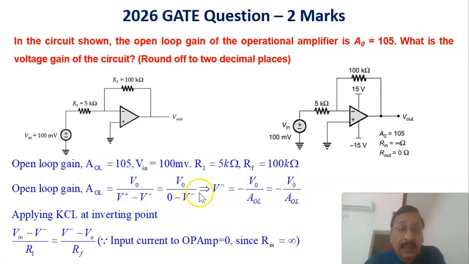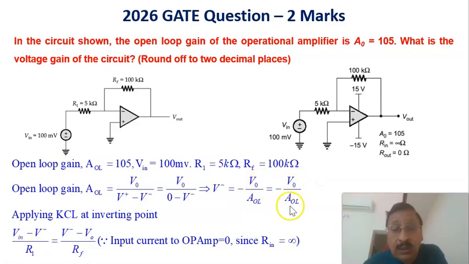So V0 divided by 0 minus V minus, since V plus is grounded, therefore V plus is equal to 0. The voltage at this inverting terminal V minus is equal to the output voltage divided by the open loop gain.